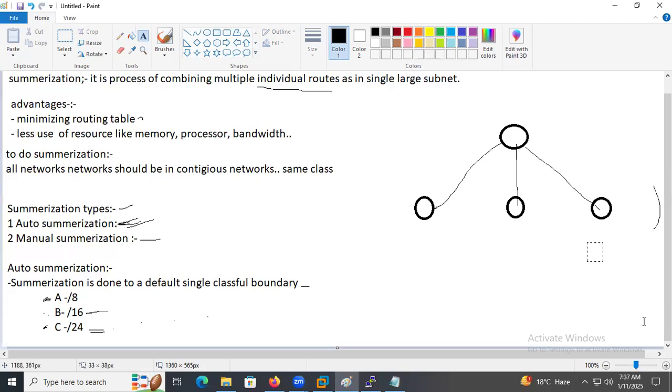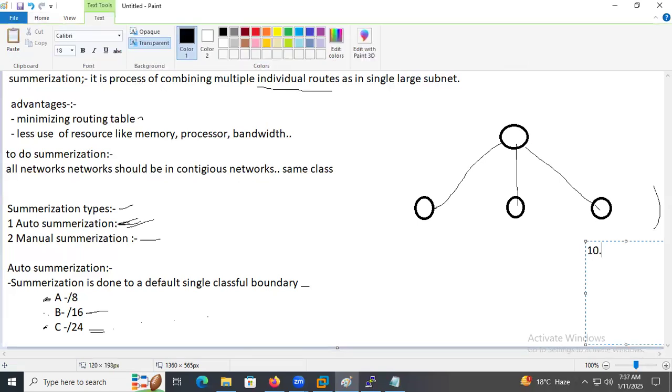Now, this router has the network 10.0.0.0/24, 10.0.1.0/24. All these are different because in part of it they are changing the number.